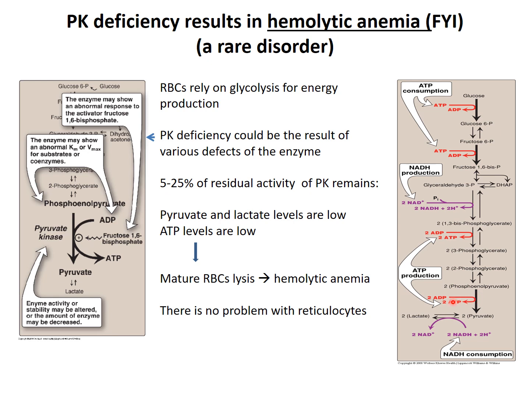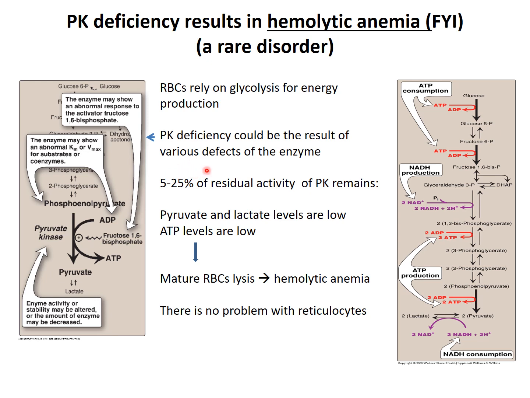So if PK is not working at a normal level, there will not be enough energy for the red blood cells. If 5 to 25% of the residual activity of PK remains, then pyruvate and lactate levels are going up and red blood cells will lyse.